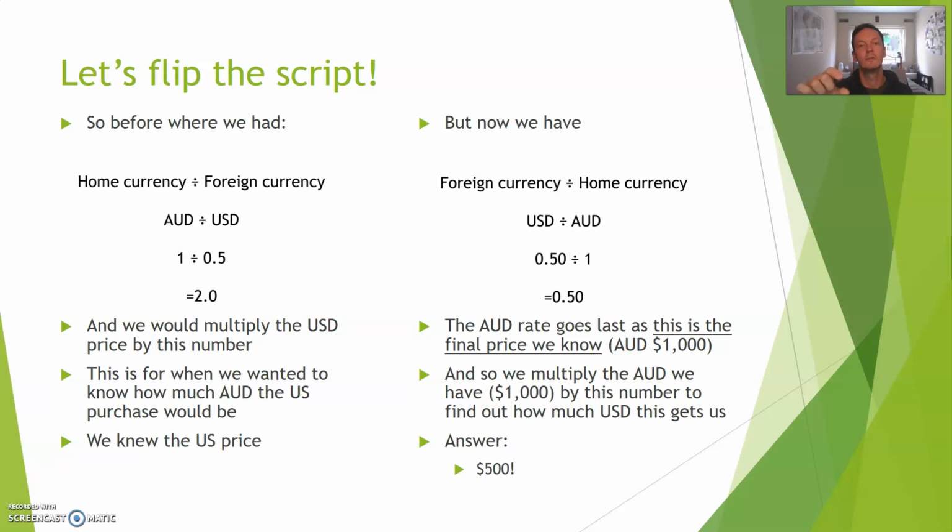And that's what you multiply with the currency you know. So here, we multiply this by $1,000. When you put in your $1,000 at the travel agent kiosk, when the exchange rate is this, how much American currency do you get? It's $500, because it's $1,000 Australian multiplied by the answer to this equation, 0.5.